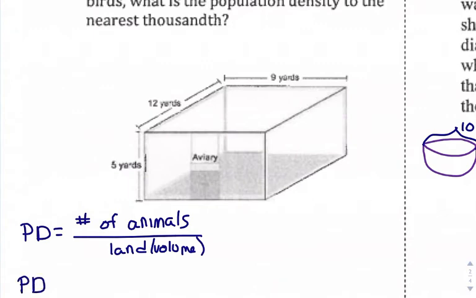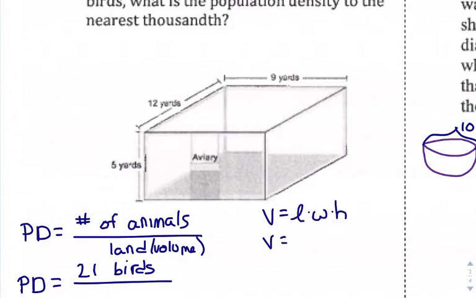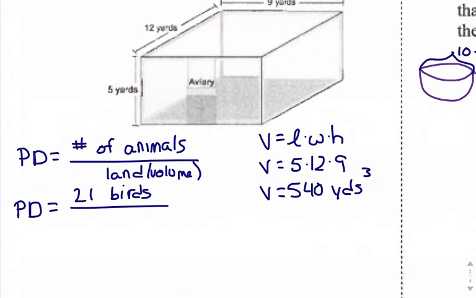It said I had 21 birds, and now I have to figure out the volume. Since this is a rectangular prism, our volume formula is length times width times height. When I do that, I get 5 times 12 times 9, and that would be 540 yards cubed. Now I can plug that in for my land part.